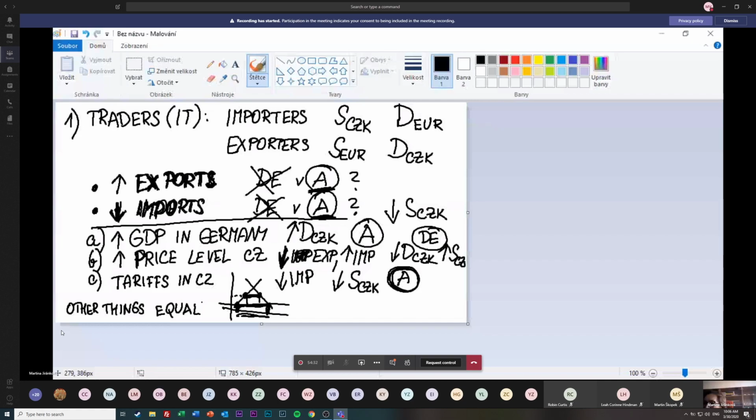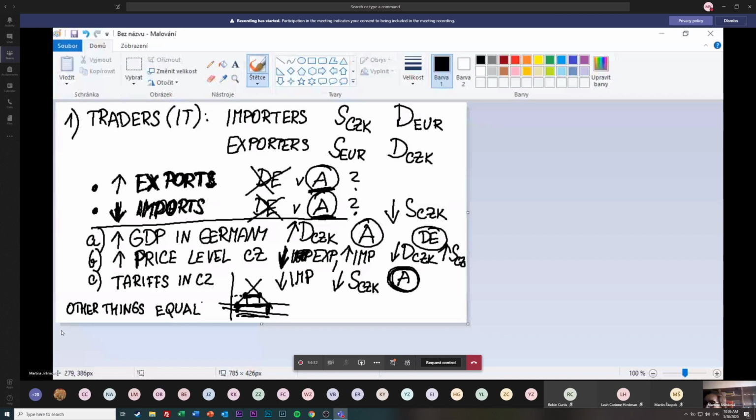So the second group are investors. I always ask my students, what group is bigger? The exporters, importers, or investors? Who is the bigger part of the currency market?